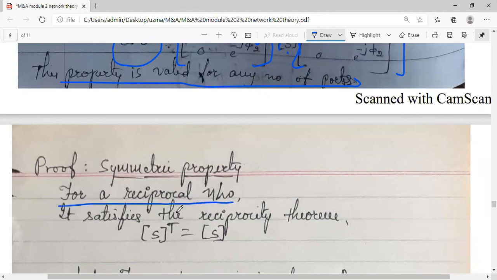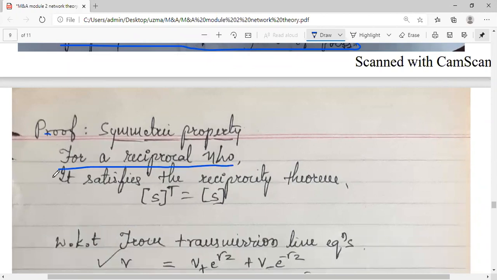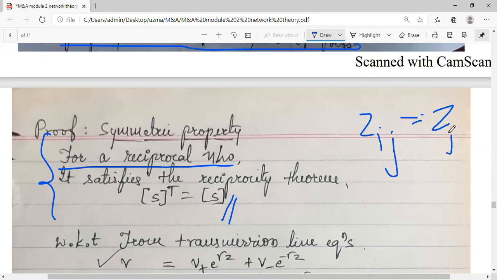For a reciprocal network, I'm giving you the definition: it satisfies the reciprocity theorem. What does the reciprocity theorem say? The S matrix and its transpose are both the same. For Z, you have taken it like this: Zij is equal to Zji, that is symmetric.